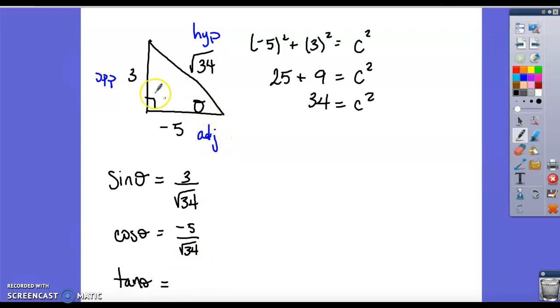And the tangent is the opposite over adjacent. You would write this, I guess, 3 over -5, right? But when we have a negative in a fraction, it doesn't matter if it's on the top, on the bottom, or in the front. So I'm going to write this as -3 over 5.